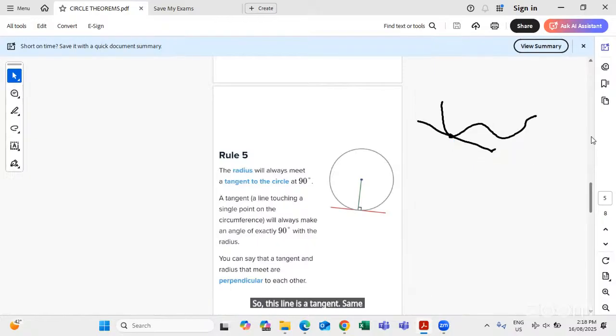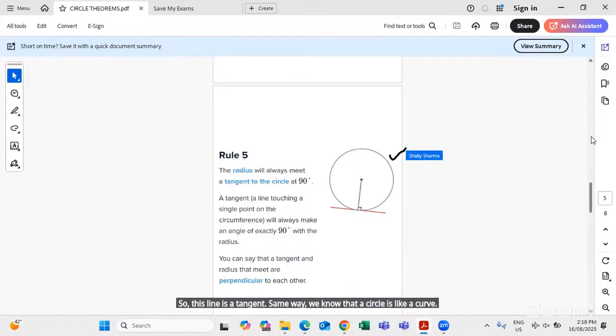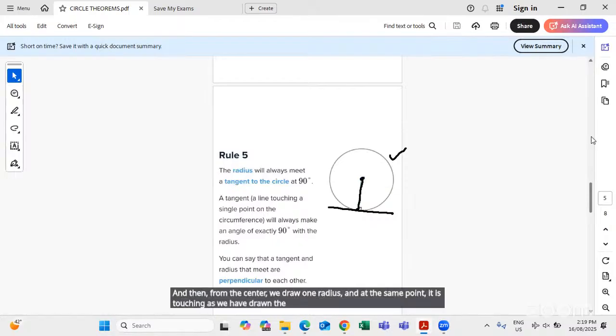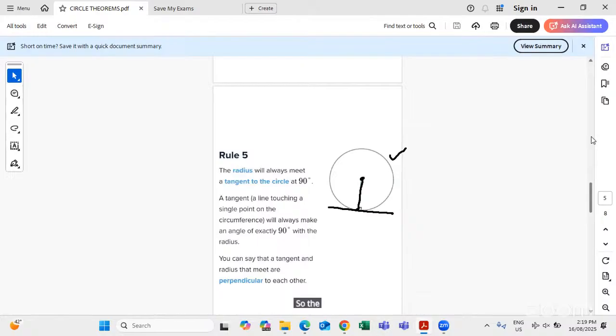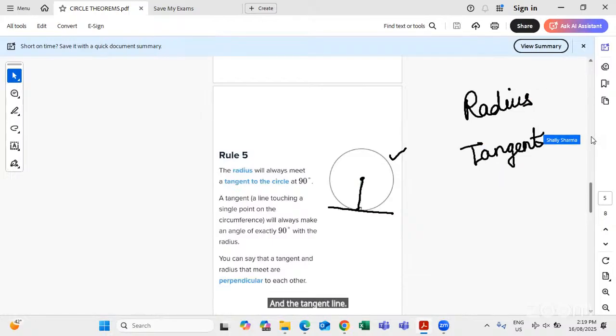In the same way, we know that a circle is like a curve. You take any point on this curve and you draw this tangent. And then from the center, we draw one radius touching at the same point where we have drawn the tangent. So the first rule connects the radius of the circle and the tangent line. And what is the rule?